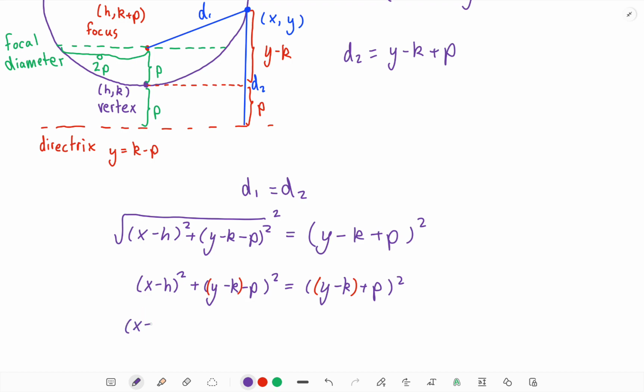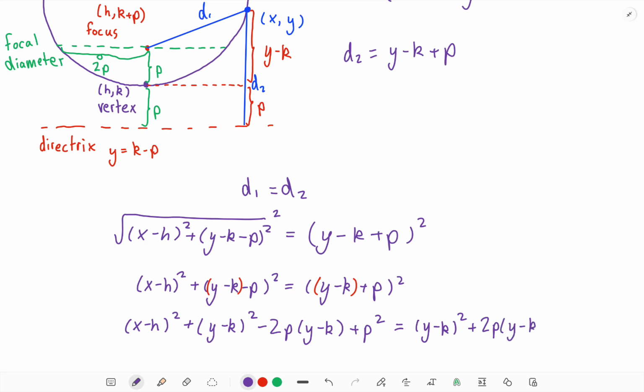So then we get x minus h squared plus, now I'm going to use the perfect square binomial to expand this. So y minus k squared minus 2p times y minus k plus p squared. And doing the same thing on the other side, we get y minus k squared plus 2p times y minus k plus p squared.